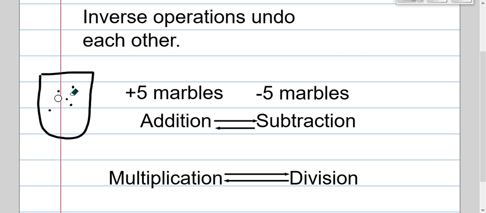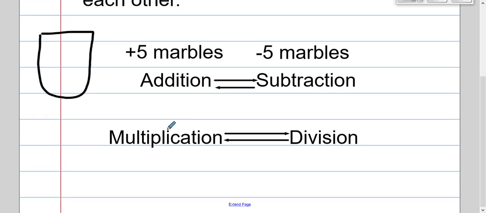I need to take them away, right? So addition and subtraction undo each other and vice versa. So they are opposites. They're inverse operations. Same is the case for multiplication and division. If I take something and I multiply by 2, to get back to the regular number, I would need to divide by 2 and vice versa.